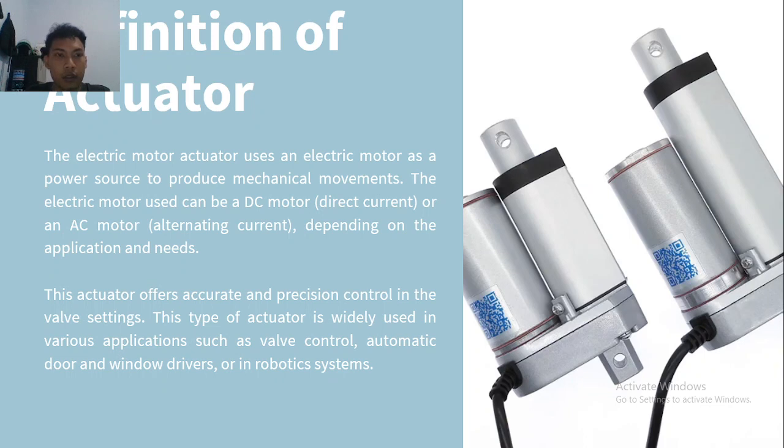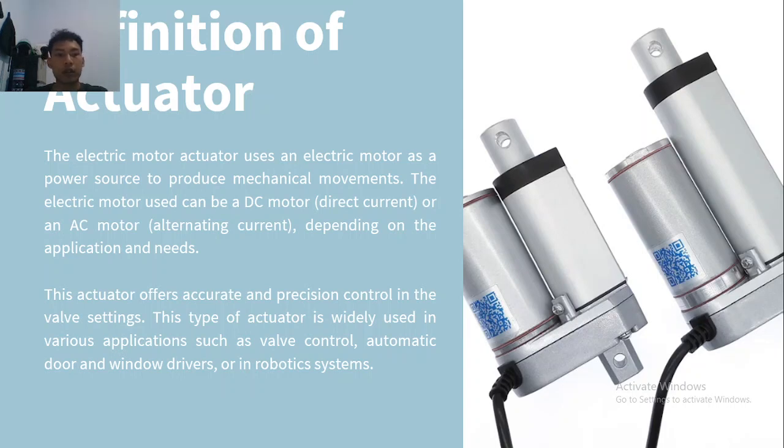The first discussion is the definition of actuators. Electric motor actuators use an electric motor as a power source to produce mechanical movement. The electric motor used can be a DC (direct current) or an AC (alternating current) motor, depending on the application and needs.